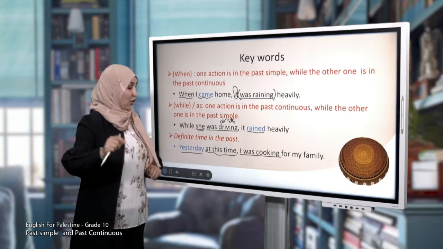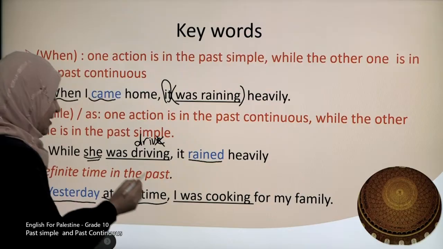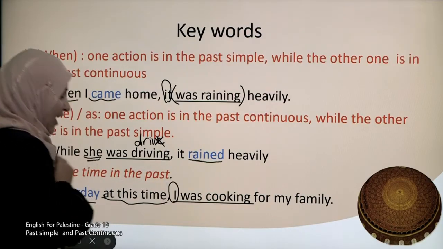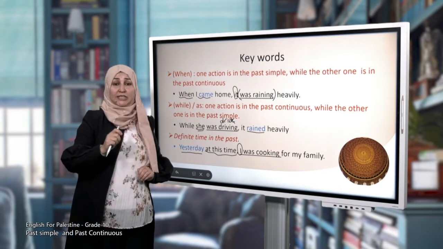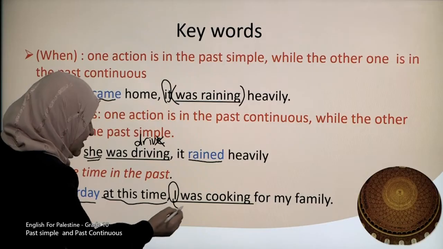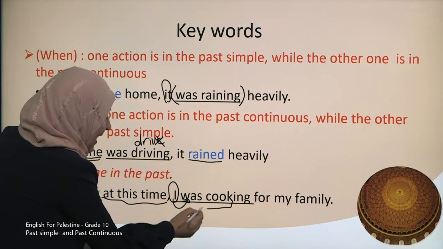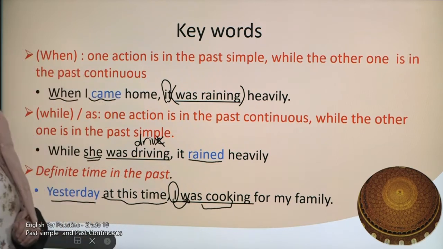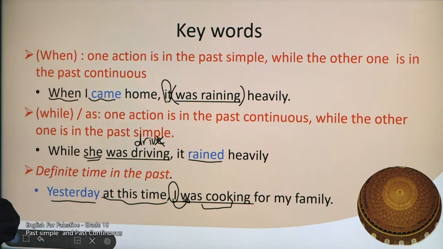We use past continuous. The subject is I, and in the past, I takes the singular verb, which is was, and the verb cook, we add to it ing. So, I was cooking for my family.